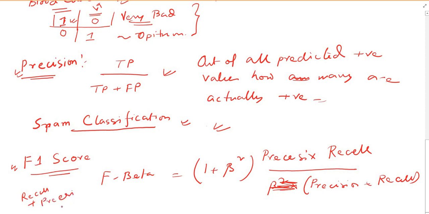Now when recall and precision are both equally important, we consider the beta value as 1, and this formula then becomes 2PR divided by P plus R, and this is called the harmonic mean.